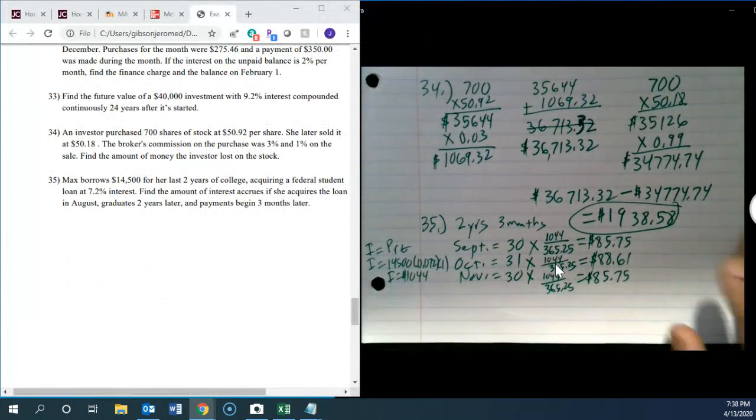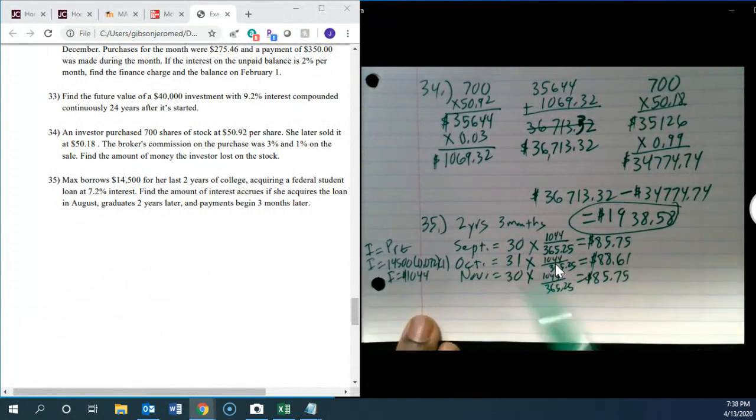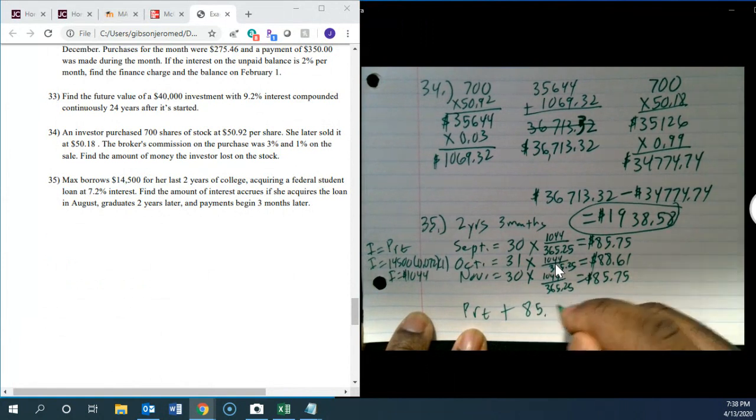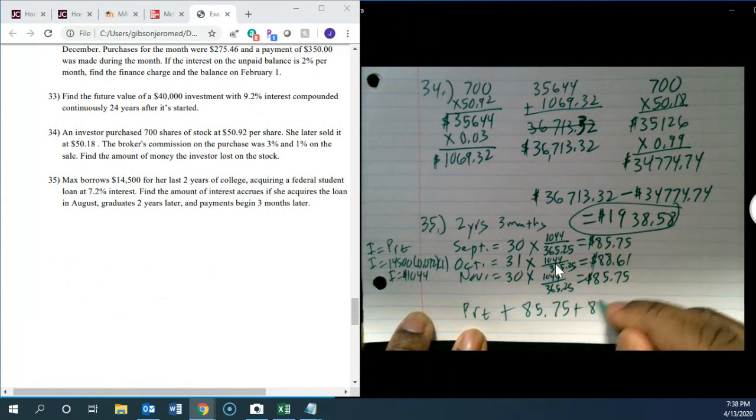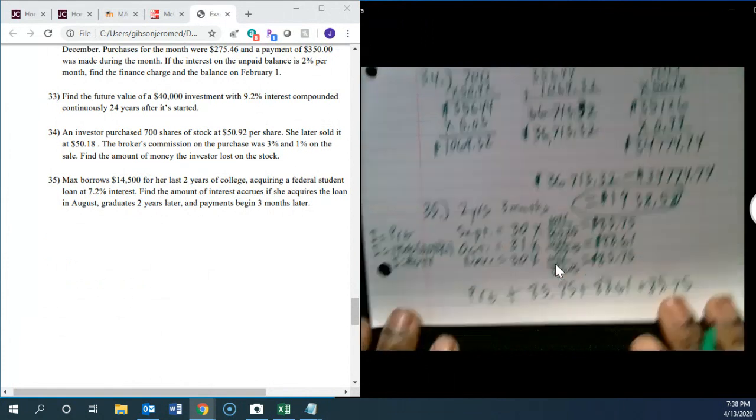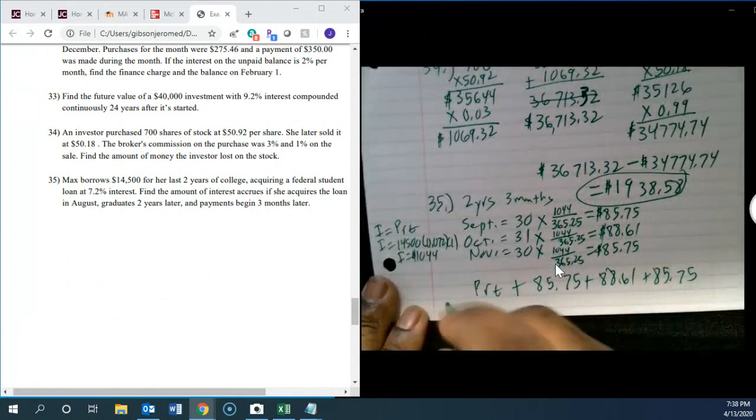So now that we have these values, this is what we need to do next. We're going to have to take the simple interest, which is the interest is equal to principal times rate times time, plus all of these values for the 3 months: the $85.75, the $88.61, and the $85.75. Now, the principal was $14,500.